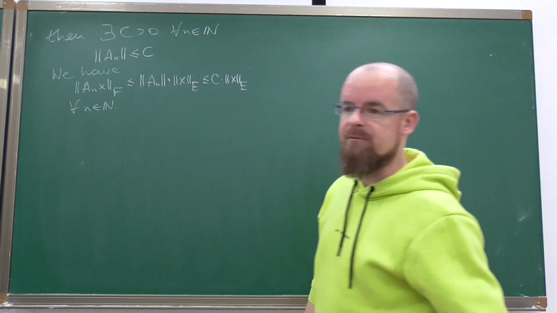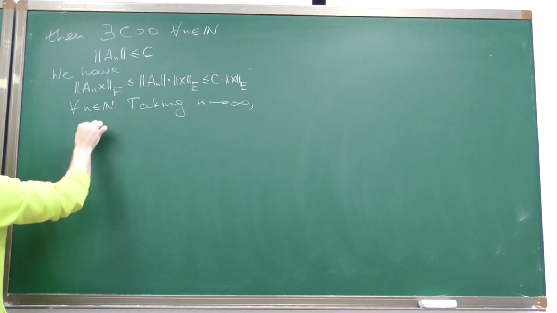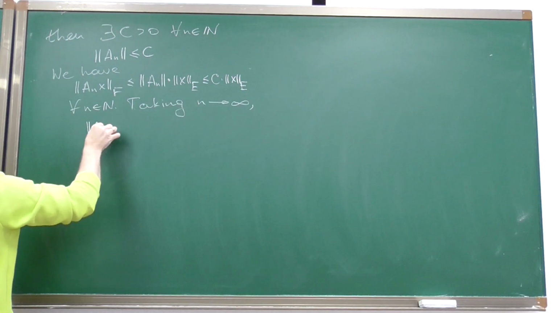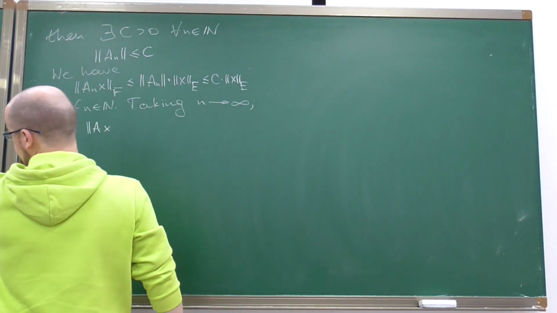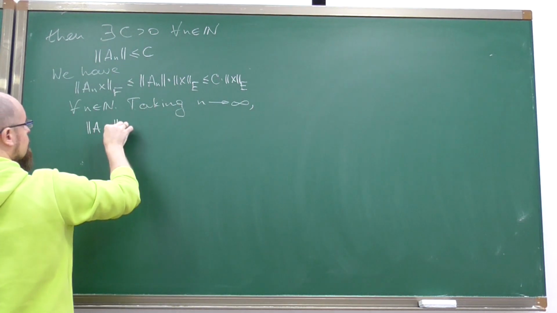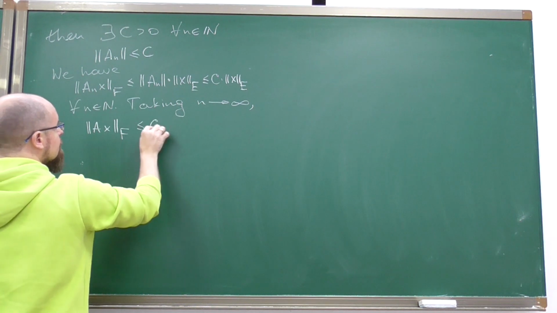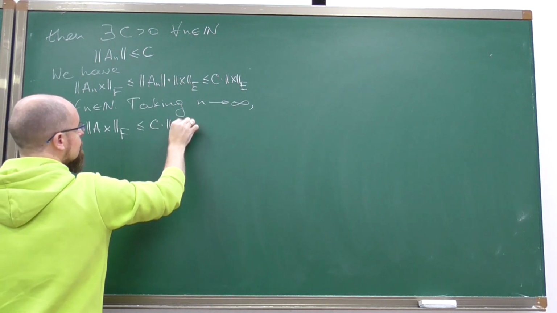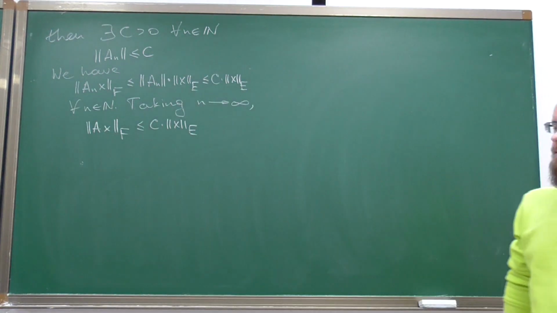So we can take a limit when n tends to infinity. Using the definition of the operator A, which is the limit of A_n x, we obtain that the norm of Ax in F is less than or equal to a constant times the norm of x in E, which means that A is a bounded operator.